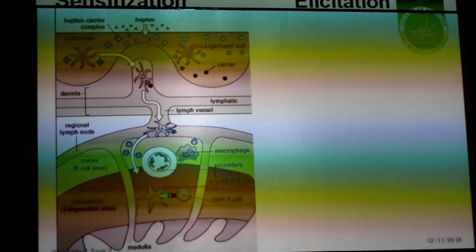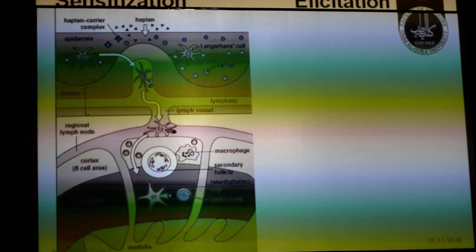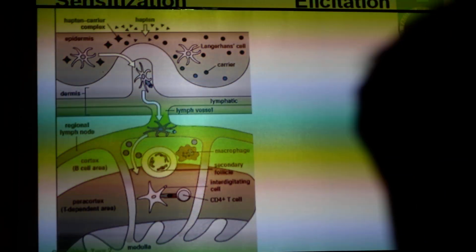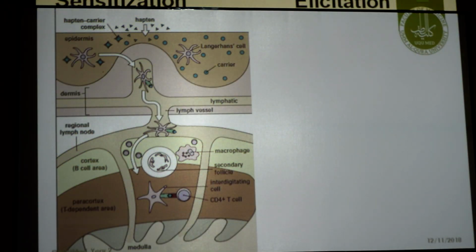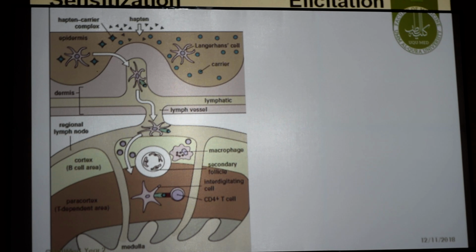There are 6 layers: stratum spinosum, stratum granulosum, and so on. Anyway, epidermis is very thick, and this particular reaction, contact hypersensitivity, is in the epidermis. There are dendritic cells in the epidermis. They are called Langerhans cells.